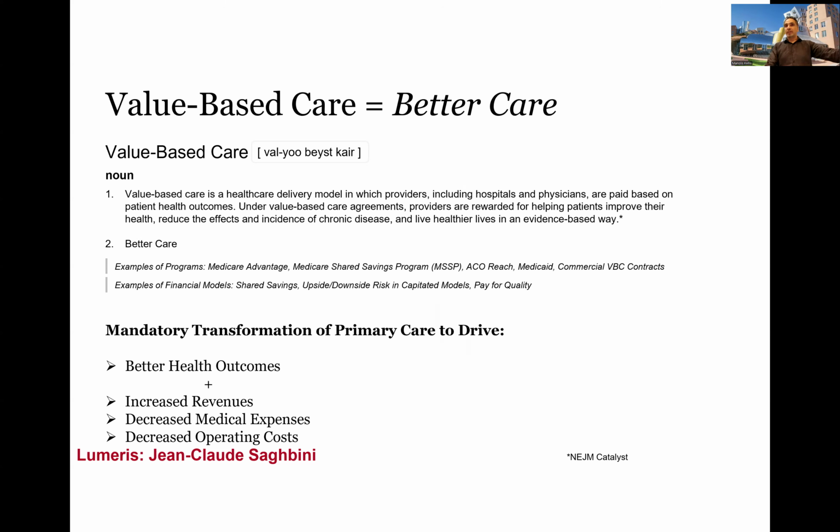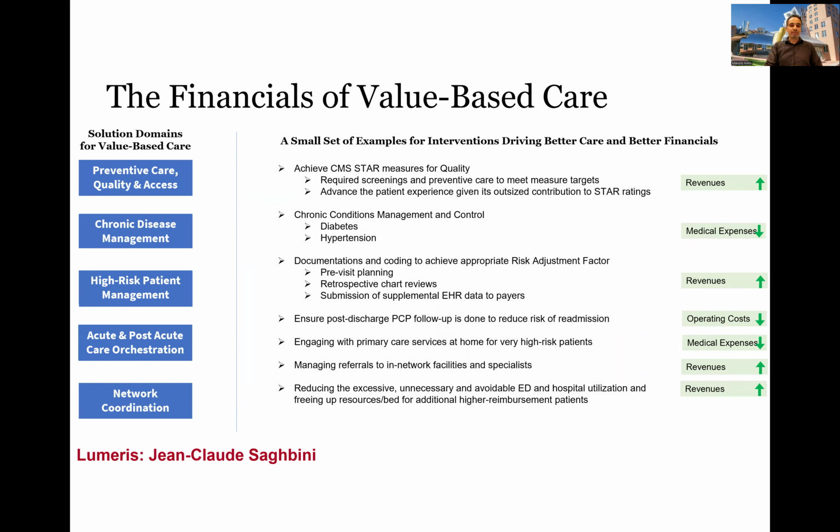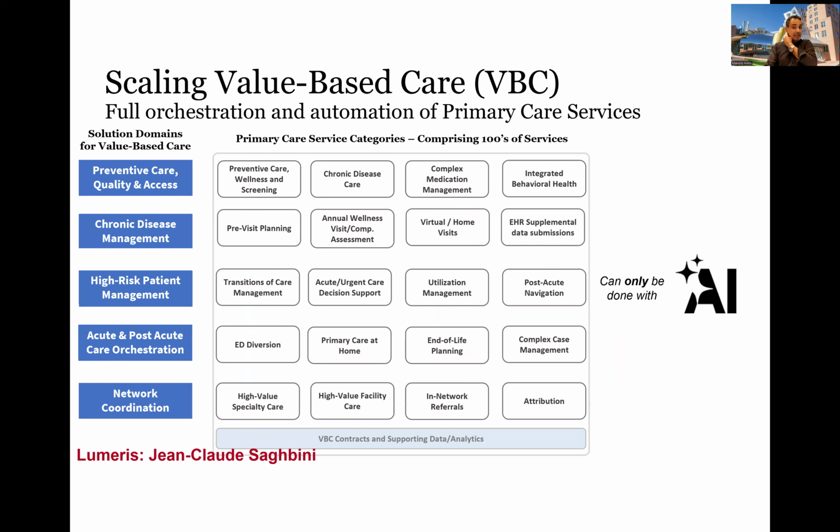So if we buy into this concept, right, that value-based care is a model that will advance healthcare to a better place, and we buy into a whole bunch of challenges in healthcare, which I cannot get into, we have this framework that says to manage in value-based care, you need to be able to manage preventive conditions, manage chronic conditions that patients have, manage high-risk patients, orchestrate patients as they go in and out of care, into hospitals, out of the hospital, and as they travel the network.